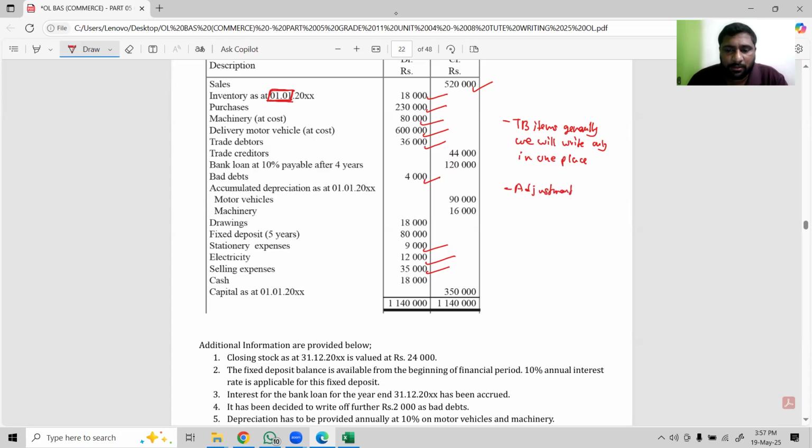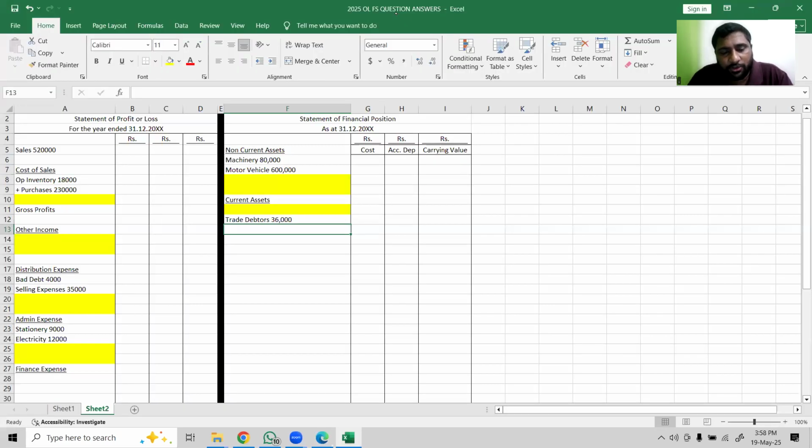Adjustments will be recorded in 2 places. Trial balance items, one place, because trial balance items are already recorded. Then that is also done.